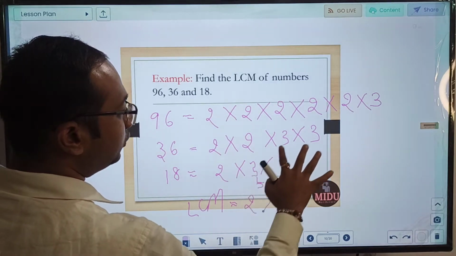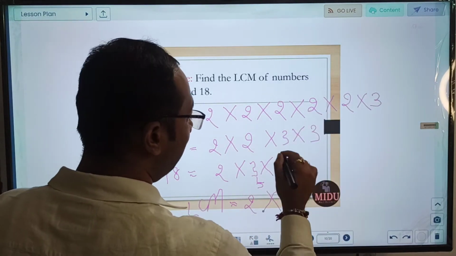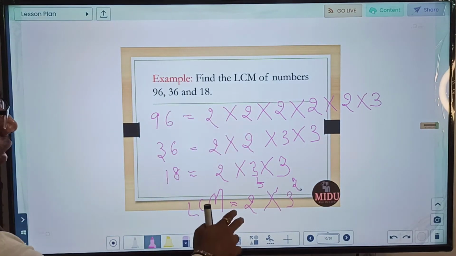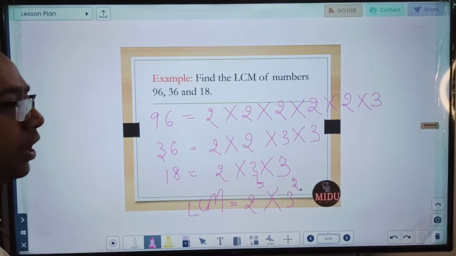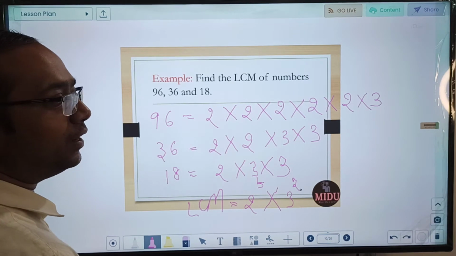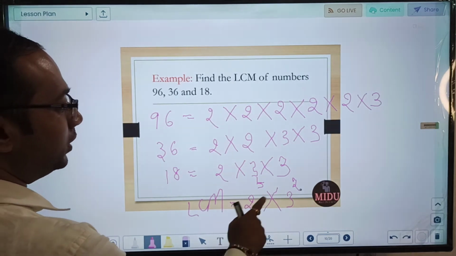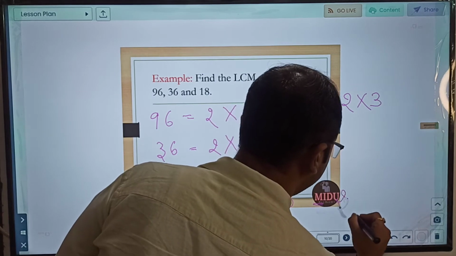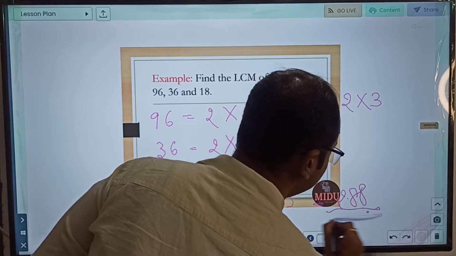In case of 3, it is 3 square, 3 square, 3 to the power 1, so 3 square. So the LCM is 2 to the power 5 into 3 square. 2 into 2, 4, into 2, 8, into 2, 16, into 2, 32, and 32 multiplied by 9 comes out to be 288. So that is the LCM.